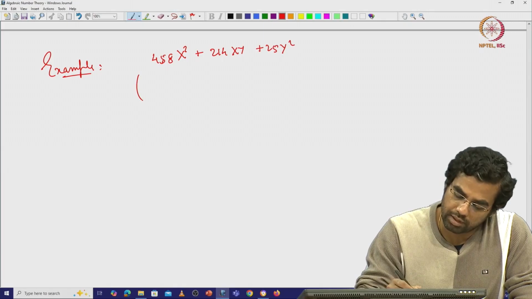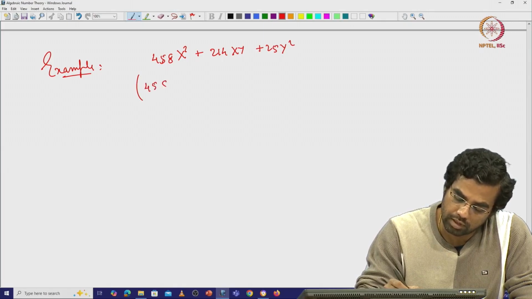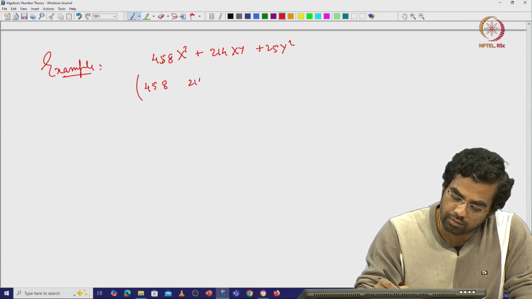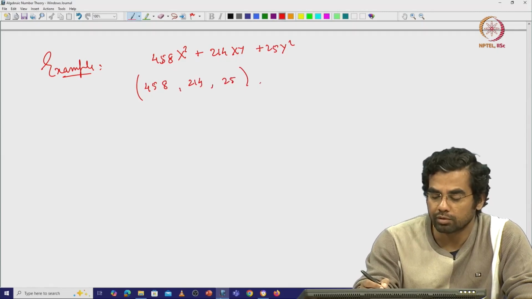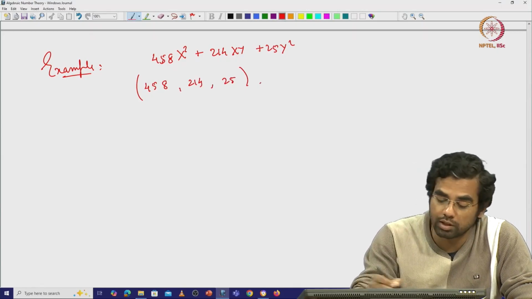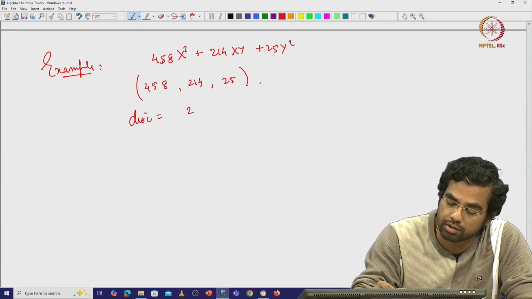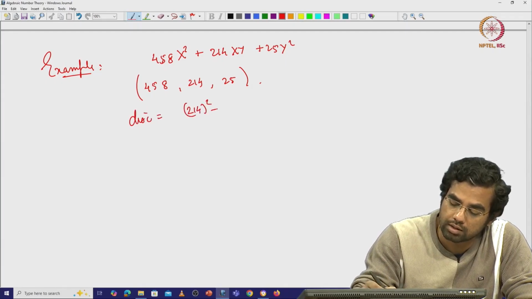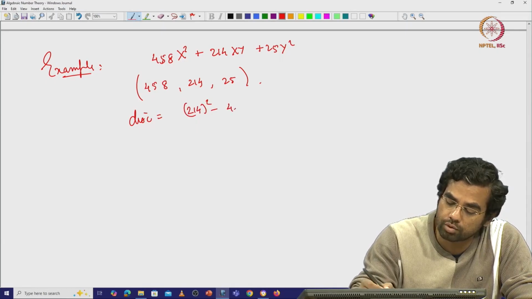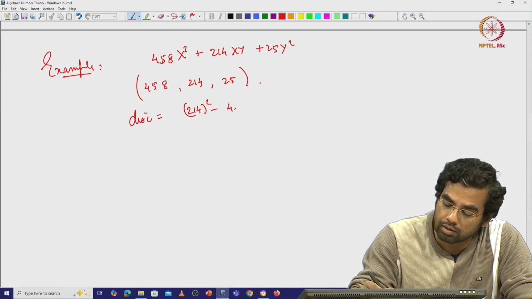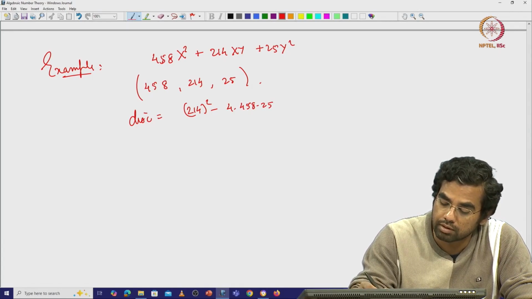So, this binary quadratic form is (458, 214, 25). If you really want to compute its discriminant, then you can. This is 214² - 4 · 458 · 25.